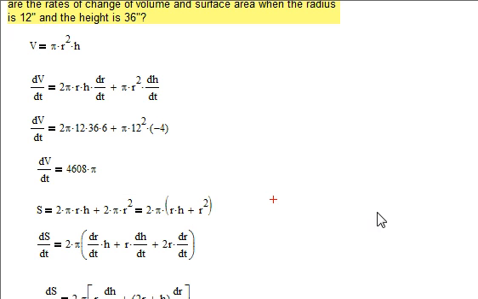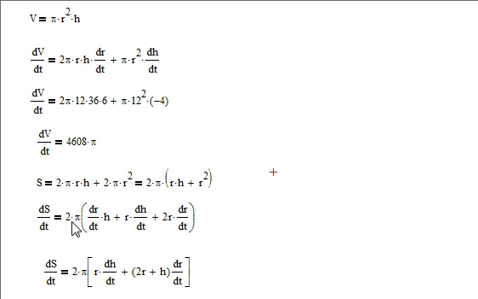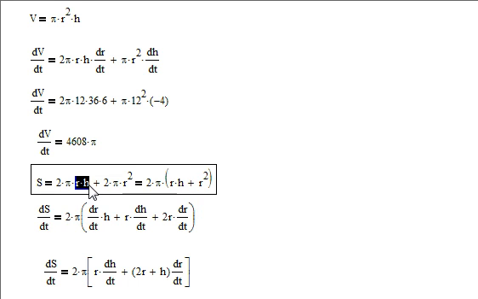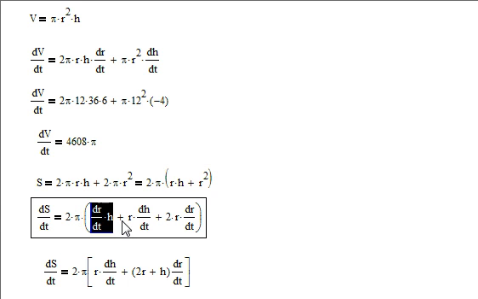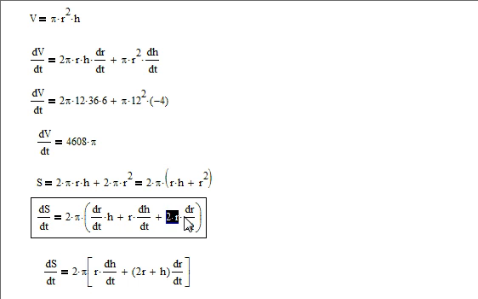So now, what would the change in surface area with respect to time be at this moment? We could factor out the 2 pi and say that's 2 pi times, and then we have the derivative of the first times the second, plus the derivative of the second times the first, and then plus the derivative of this term, which is 2r times dr/dt, the derivative of the function r, whatever it may be.